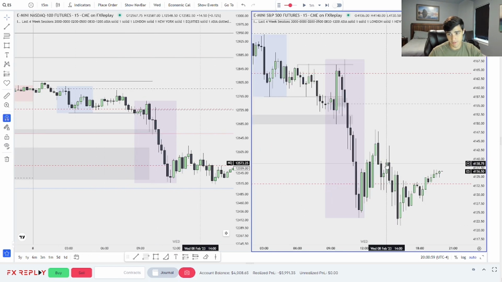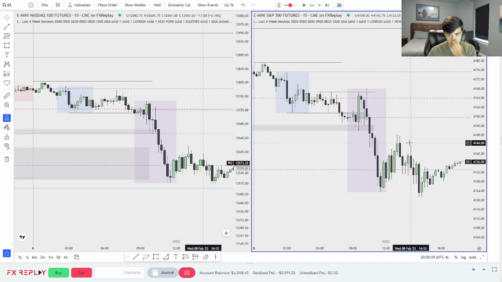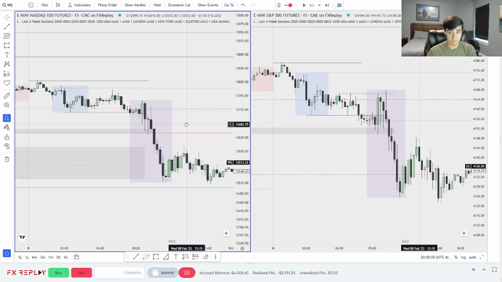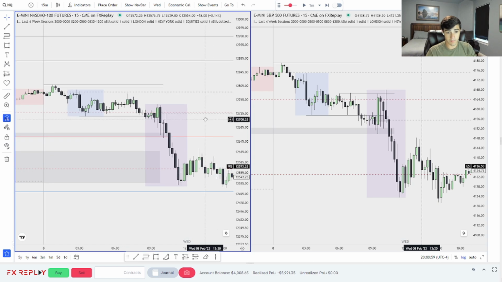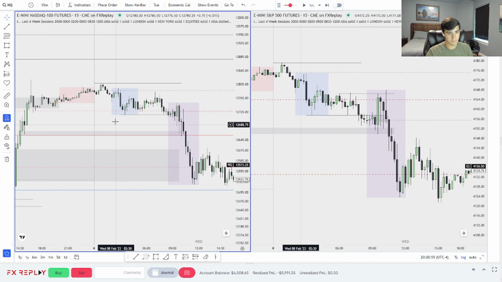Pretty shitty price action. So we have accumulation, drop. That's it.